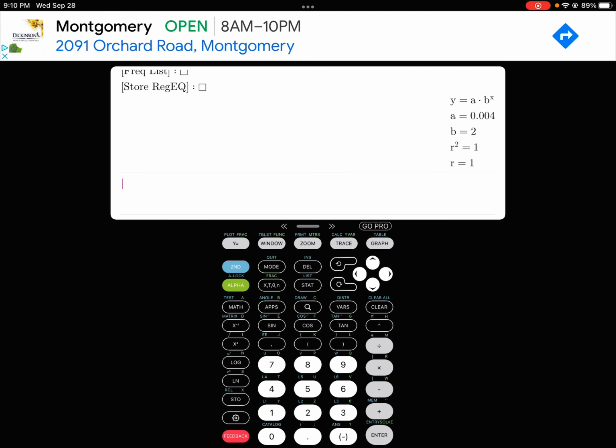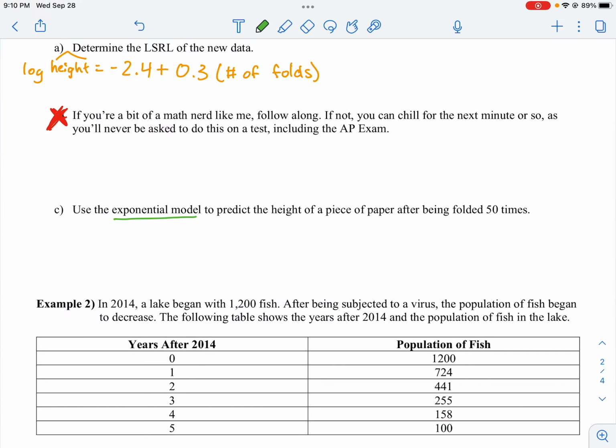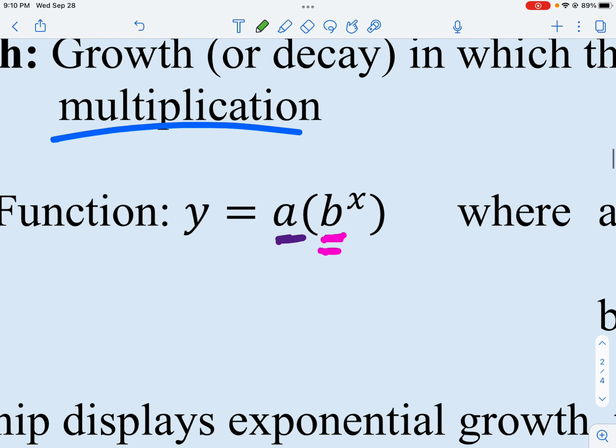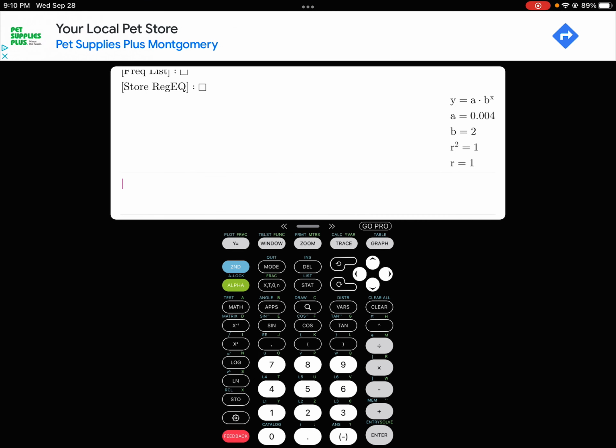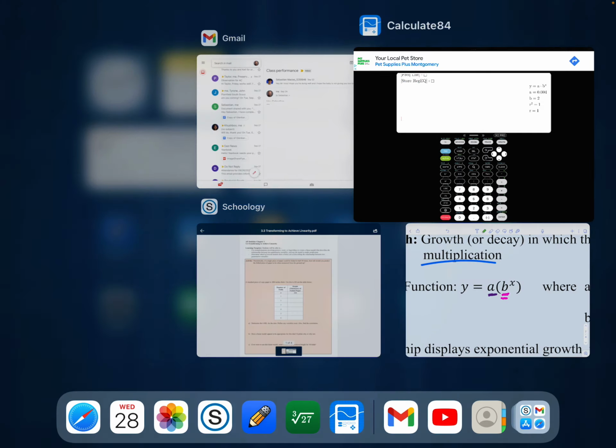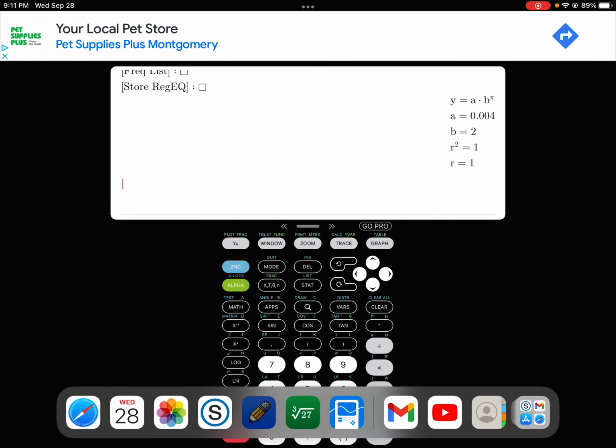And remember the form of exponential we said was y equals a times b to the x. When we look here on our calculator over on the right-hand side, y equals a times b to the x. Okay. And so let me pull this up side by side.